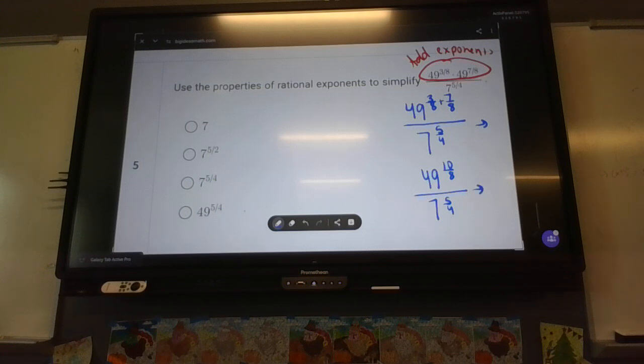Three plus 7 makes 10. And 10 over 8 can be reduced to 5 over 4. So there we go.